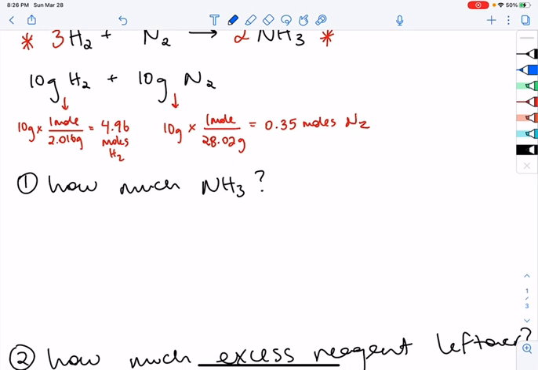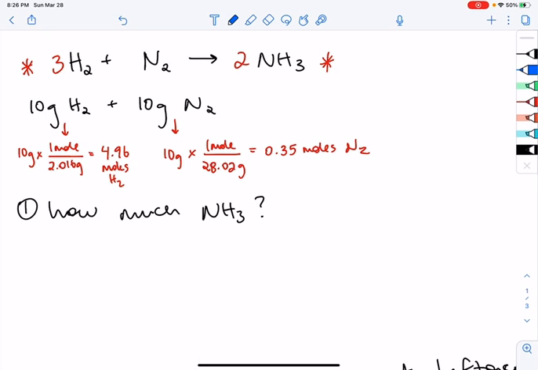So the first question is, how much ammonia can we make? Whenever you get a question like this and it says what products can we make? What this really is, is a limiting reagent problem.